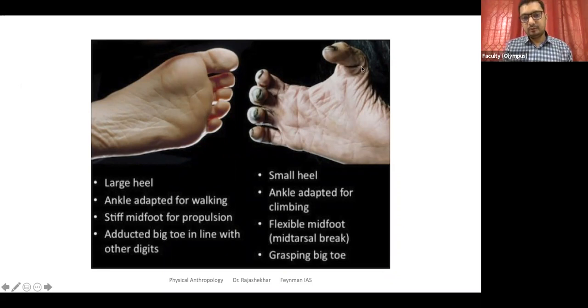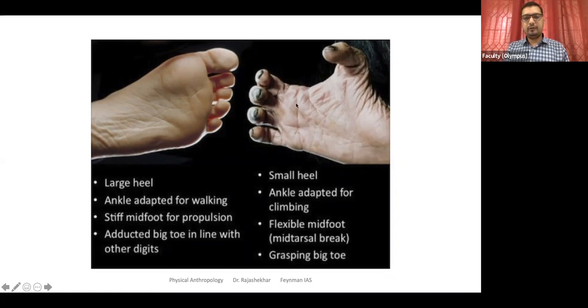They have an opposable toe. This is a grasping big toe. They can also use their feet for grasping. Grasping big toe is an arboreal adaptation; the in-line toe is a terrestrial adaptation. The toe is in line with the other digits, in the same line. So it provides us help while walking.